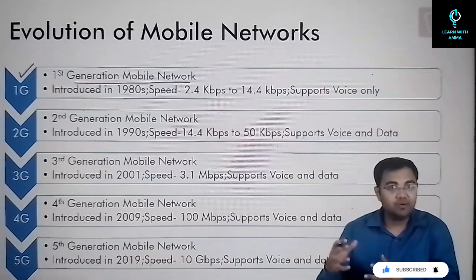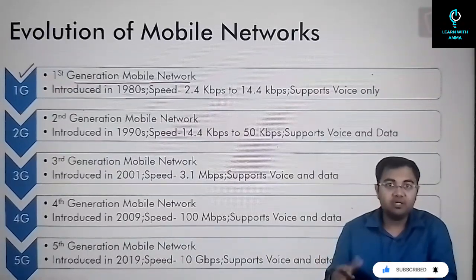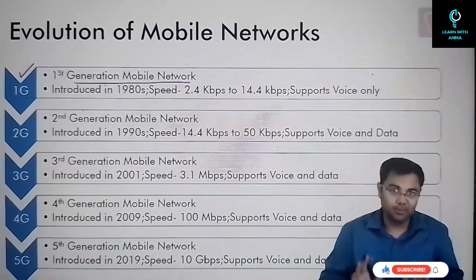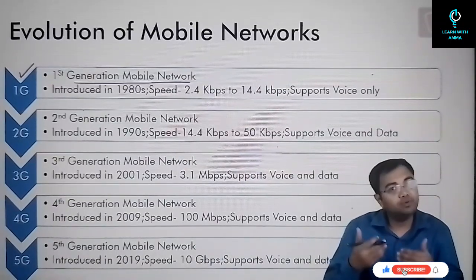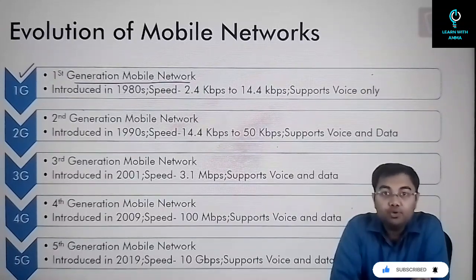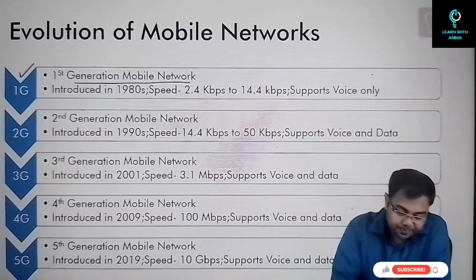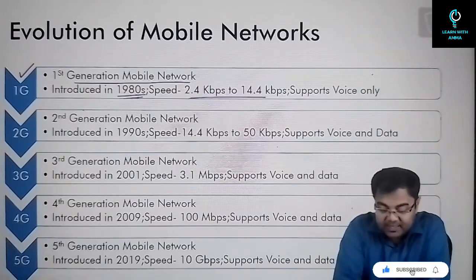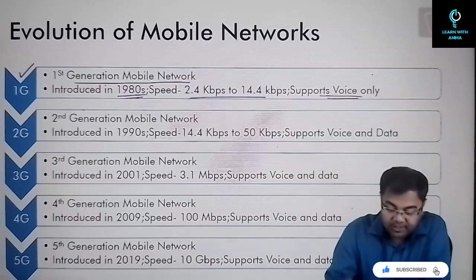So you have a wireless phone, a mobile phone so to say, which you can carry in your pockets and take around and still be able to talk to people over this network. So this was the first generation. No internet, nothing, only talking over this mobile phone. Introduced in the 1980s, the speed was between 2.4 to 14.4 kbps and it supported only voice.